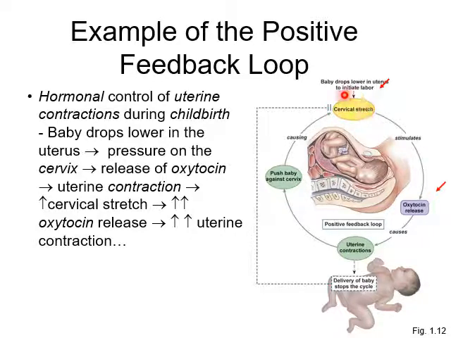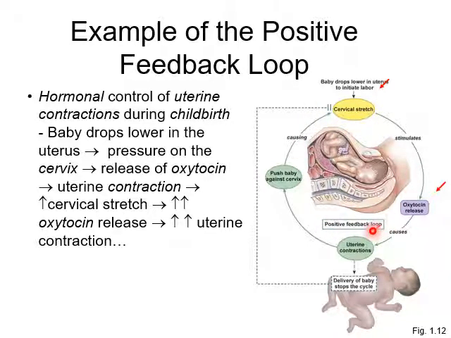If we get more stretch, this was the initial stimulus that caused oxytocin. Now we've got more stretch, so we're going to have increased oxytocin release and even harder contractions. That's going to push the baby even more against the cervix, and that gives us more cervical stretch and more oxytocin. So we keep amplifying this.